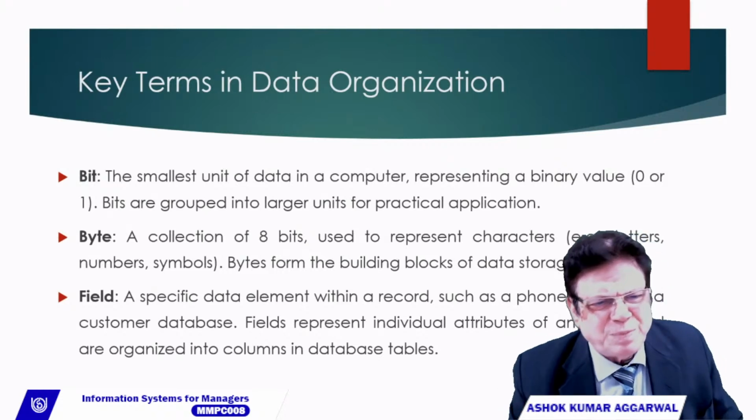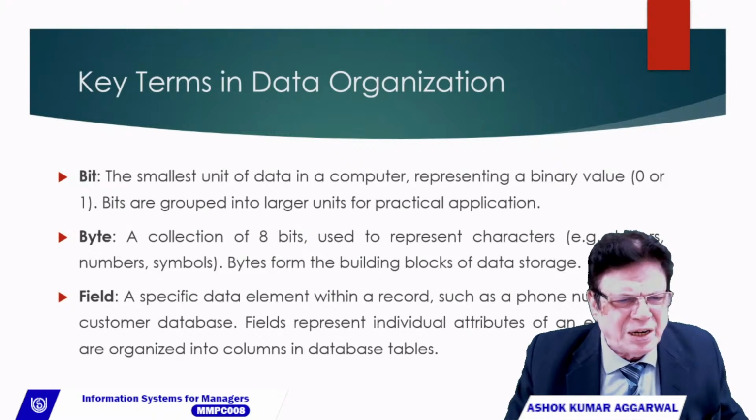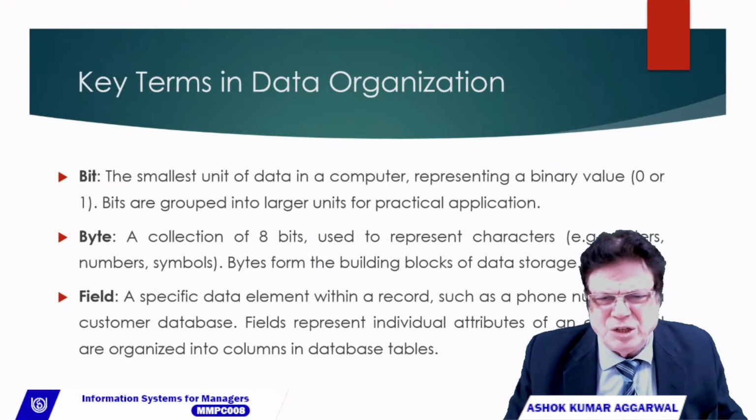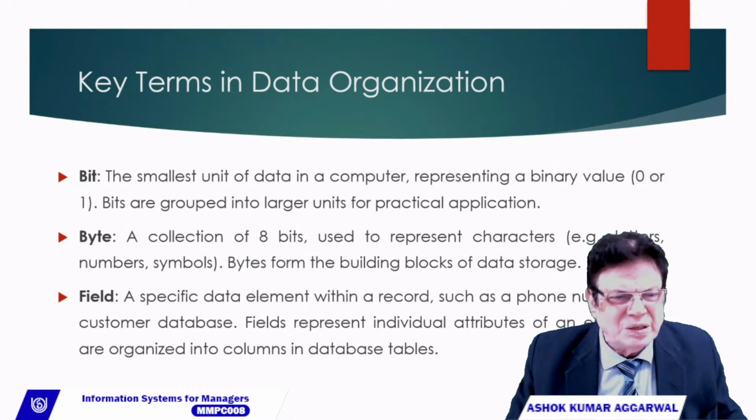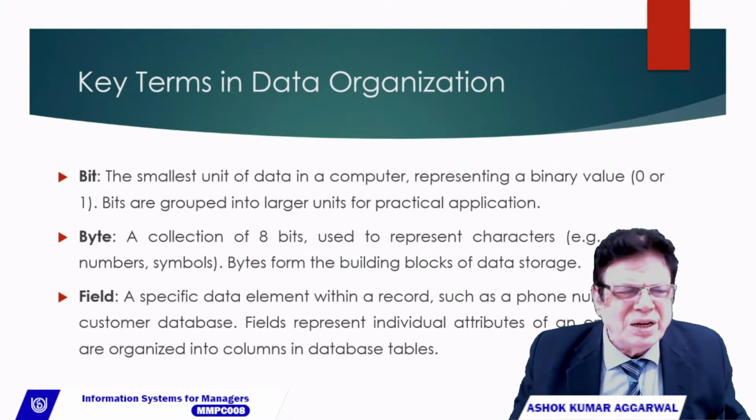Then field: a specific data element within a record such as phone number in a customer database. Fields represent individual attributes of an entity and are organized into columns in database tables. So key terms in data organization, we have studied about bit, byte, and field.